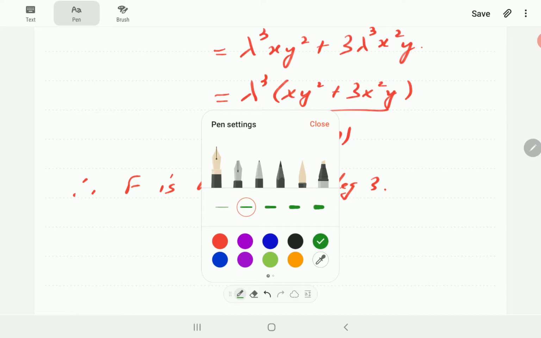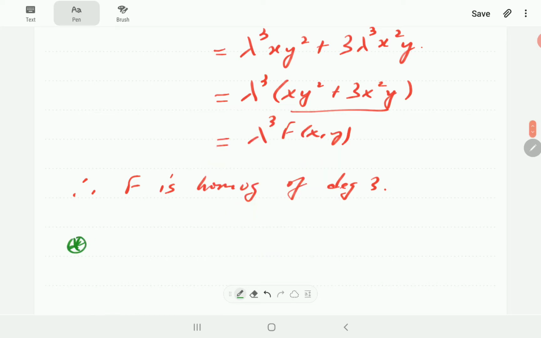Okay, just a little tip here. Note that whenever f is a polynomial function, it's always going to be homogeneous if the powers of x and y in each term add up to the same number.